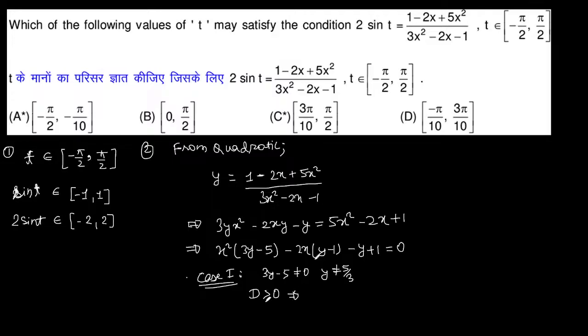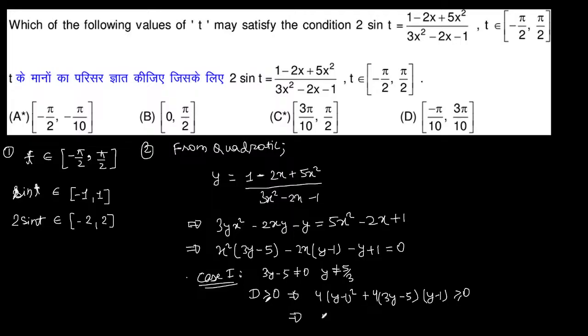So from here if we do D bigger than or equal to 0, it is nothing but b square minus 4ac, so 4 into (y minus 1) whole square minus 4ac is bigger than or equal to 0.